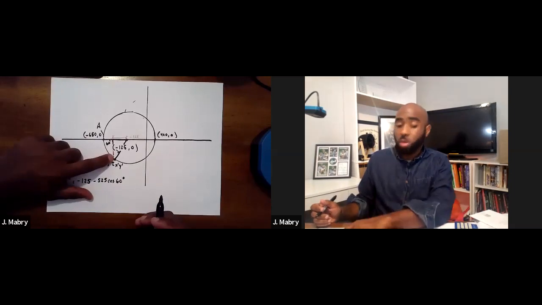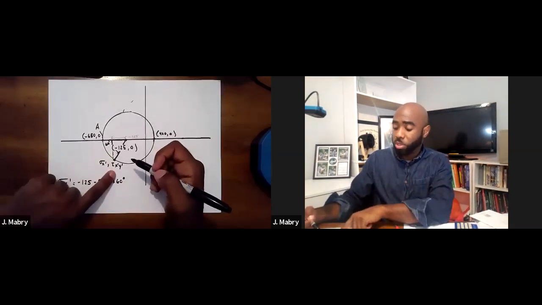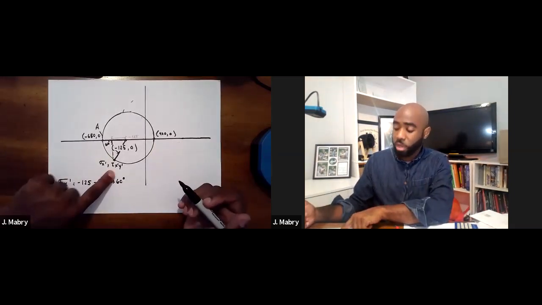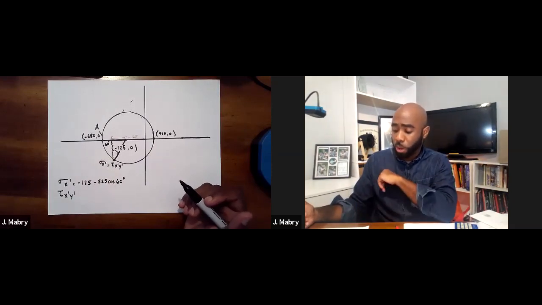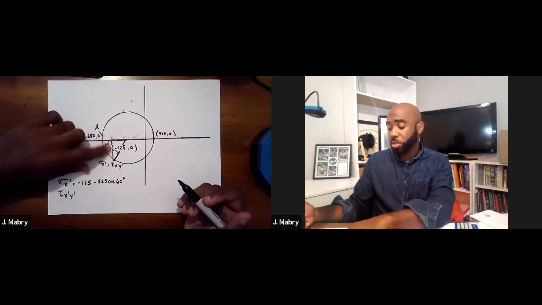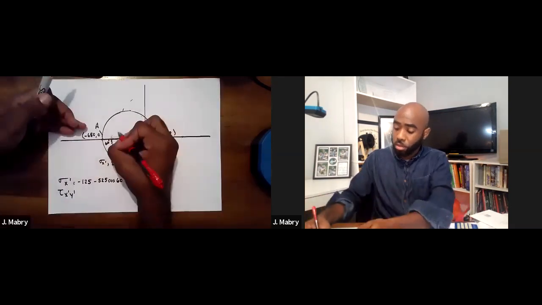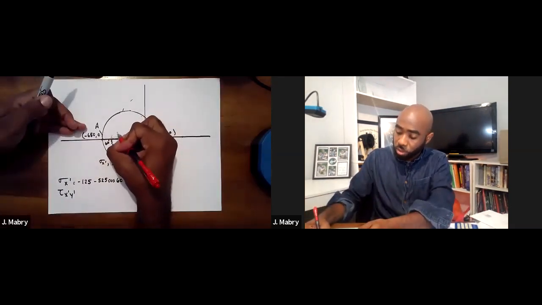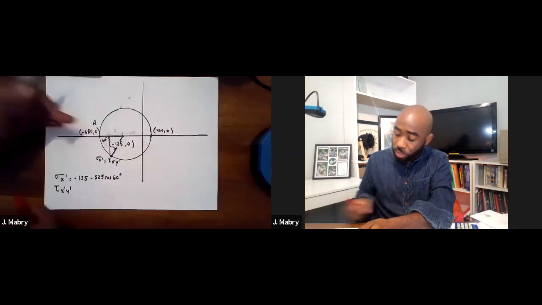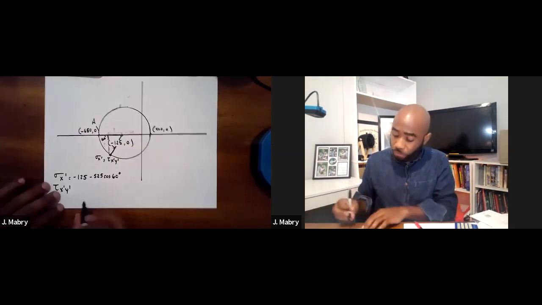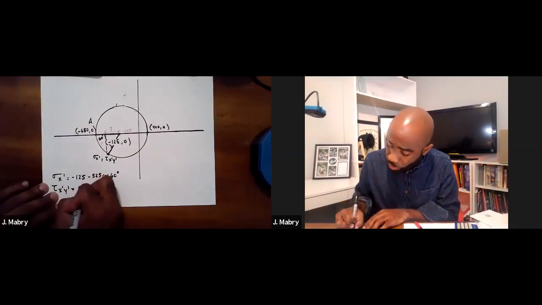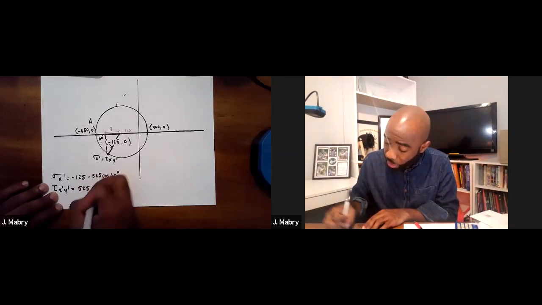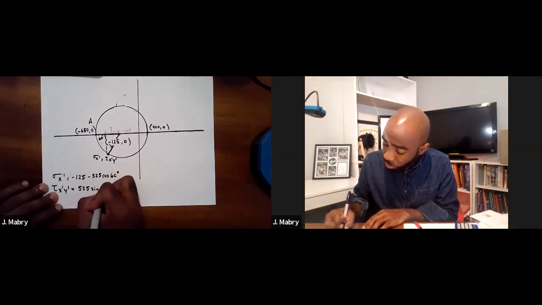Now, how will we know the y coordinate, which happens to be the same value as the tau sub x prime y prime? Well, we just need to know this particular length. And this particular length is simply 525, the radius, times the sine of 60.